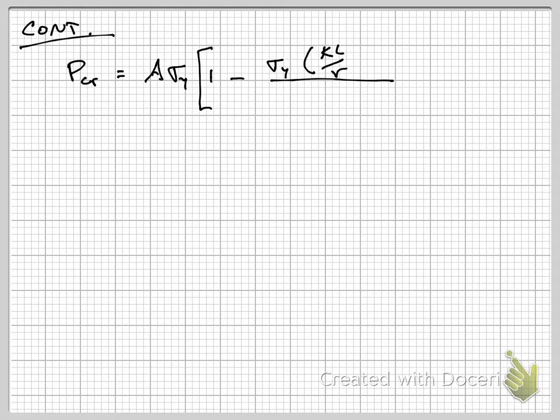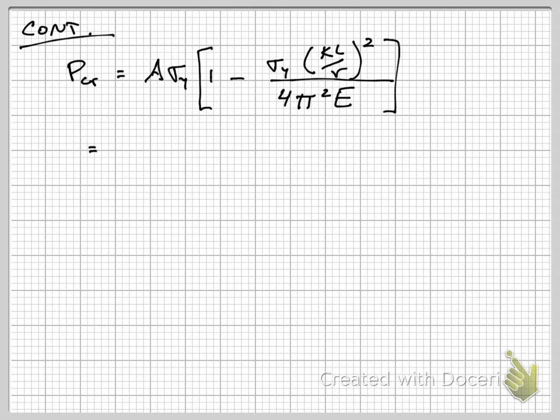Let's go ahead and continue our example. We'll use our Johnson equation, P critical equals A sigma y times the quantity 1 minus sigma y times KL over R, quantity squared, over 4 pi squared E. Okay, so we'll start plugging in.